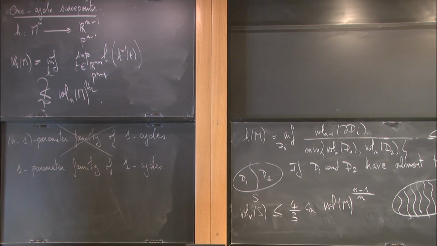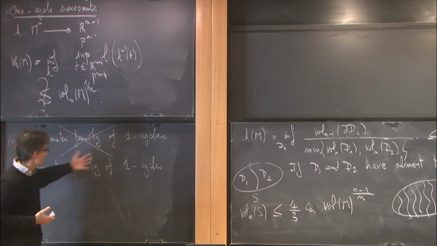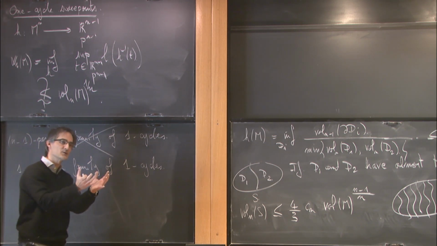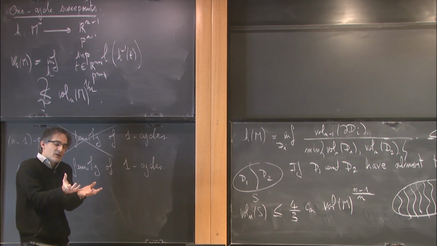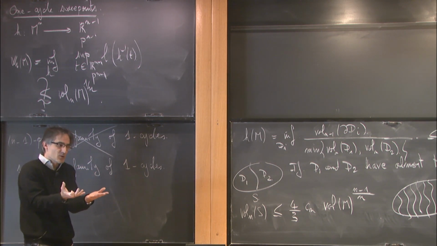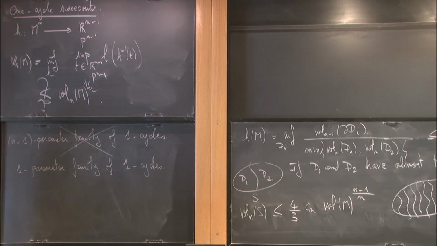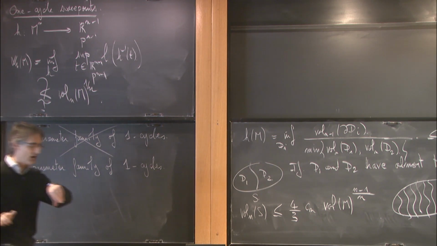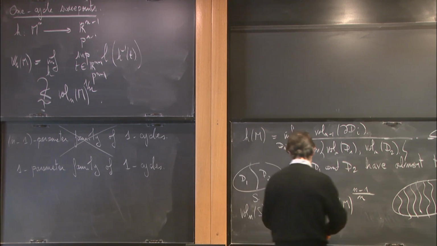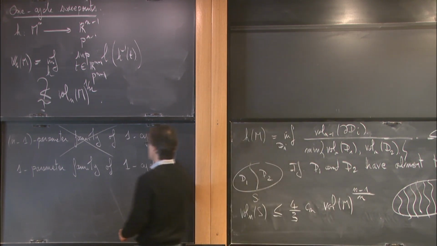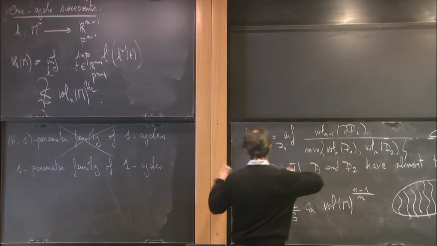Instead, it's going to sweep out a two-dimensional homology class instead of the whole manifold. So here's how we can define such a sweep-out.